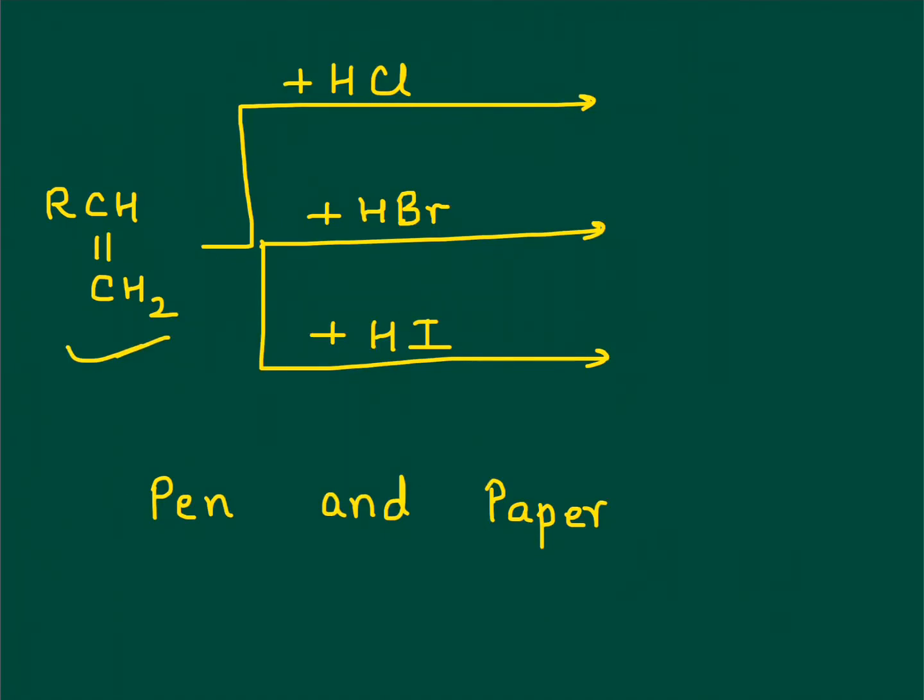So I have an alkene over here, add HCl to it, add HBr to it, add HI. See, these are all forms of HX, hydrohalogenation. Please write the products and pat yourself on the back for carrying on so far diligently.